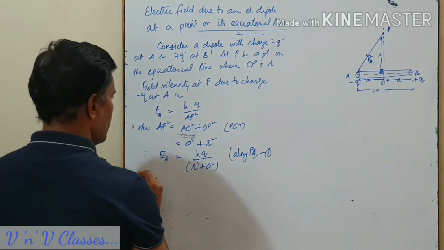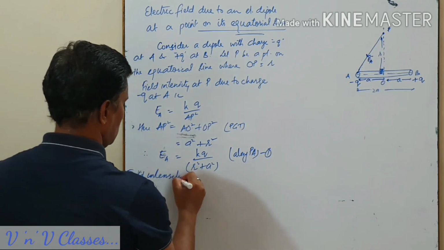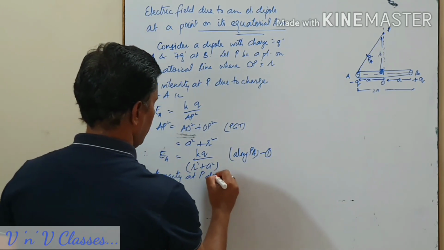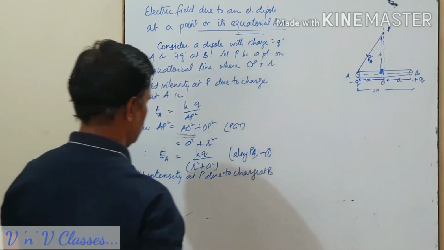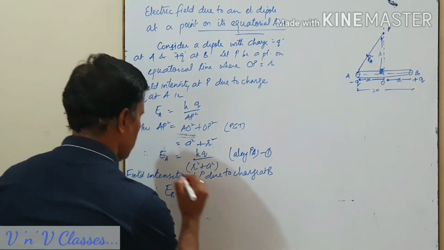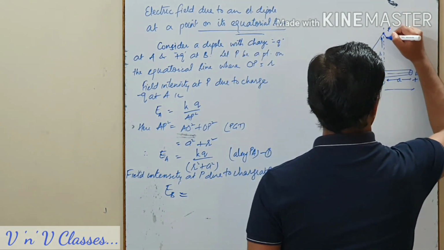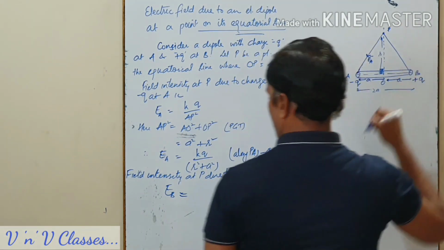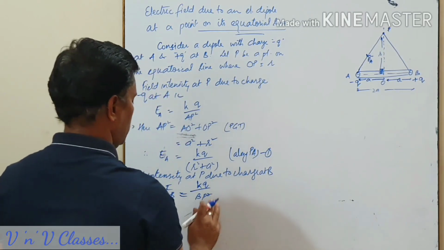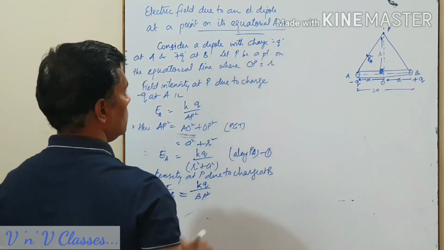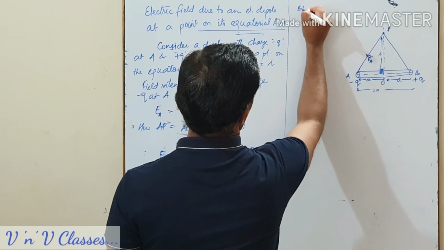Similarly, the field intensity at P due to the charge at B, that is E_B. E_B is kq upon BP square. Now remember that BP must be equal to AP.